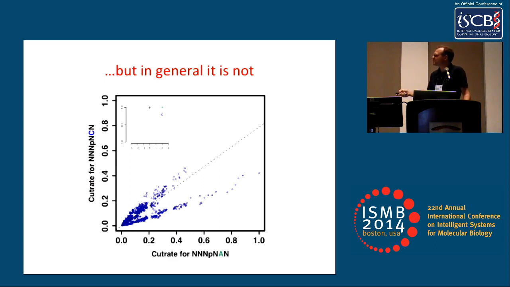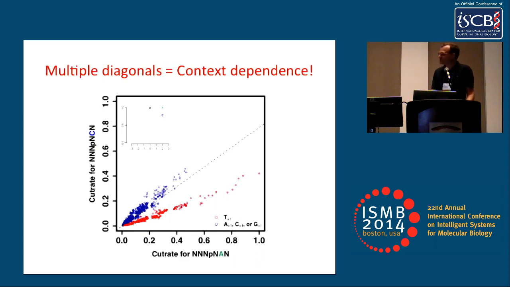And there are points that actually do care about going from an A to a C. If you look at the actual sequences, there's a pattern there, and I'm coloring these 4 to the 5 sequence contexts in terms of the adjacent base at the +1 position. If it's a T, there's something special going on. Then it cares about this mutation from A to C at the adjacent position. But if it's one of the other 3 bases there, it doesn't care.